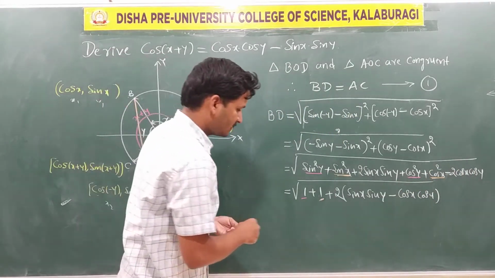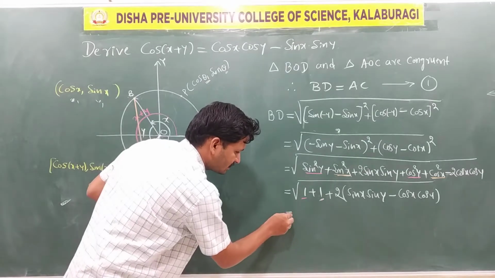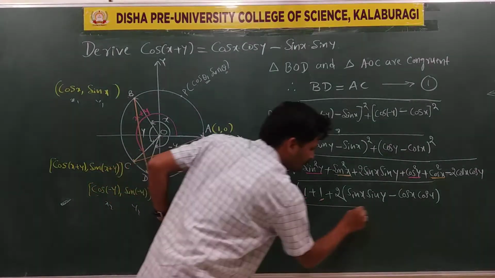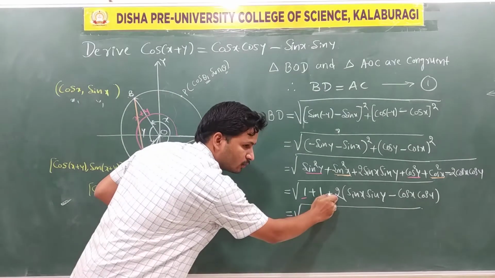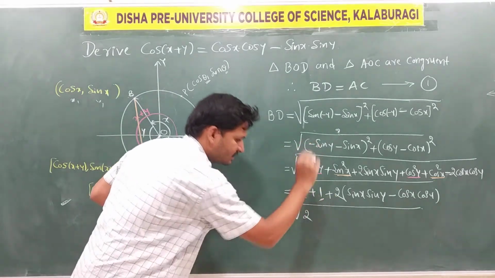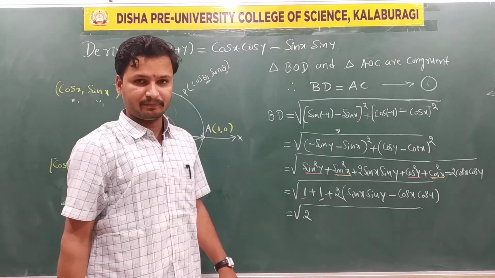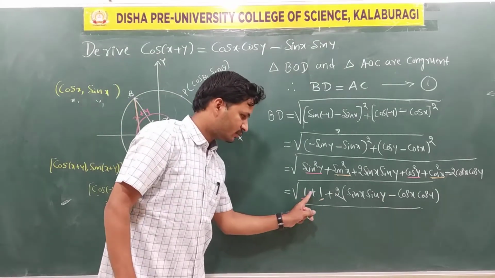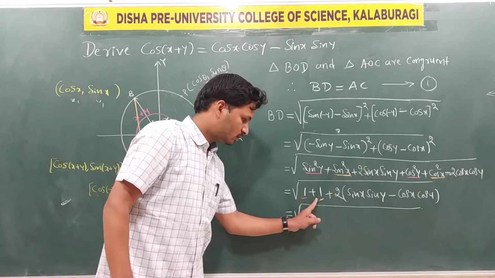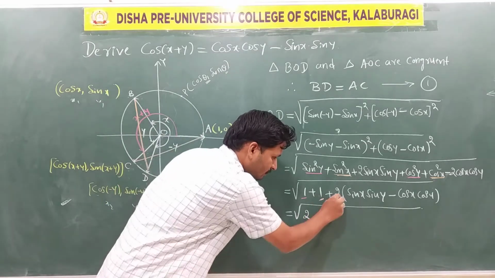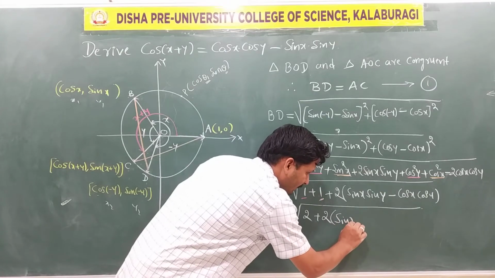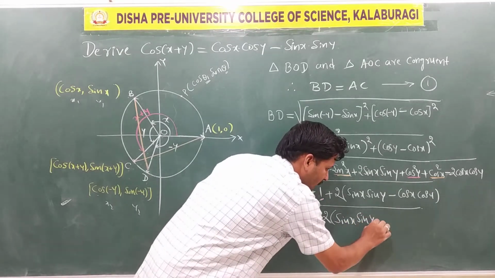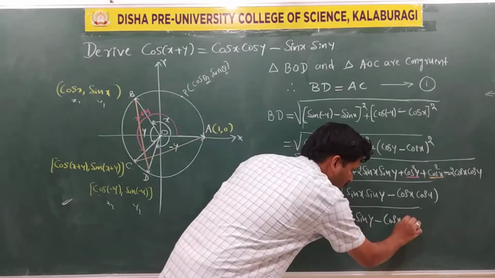So then here 1 plus 1 is 2. So square root of 2 plus 2 times of (sin x sin y minus cos x cos y).